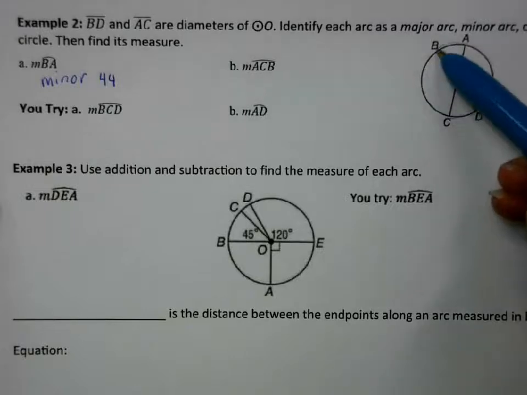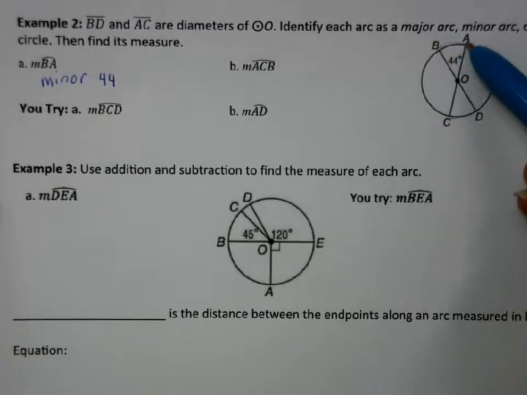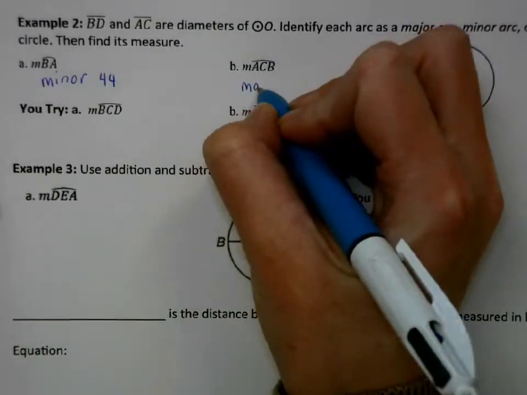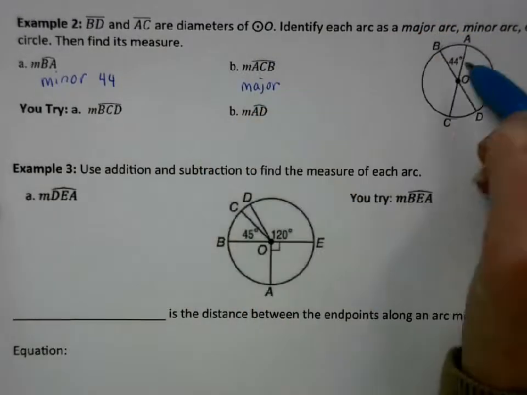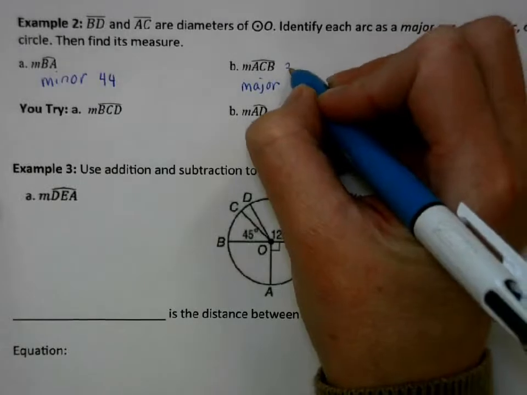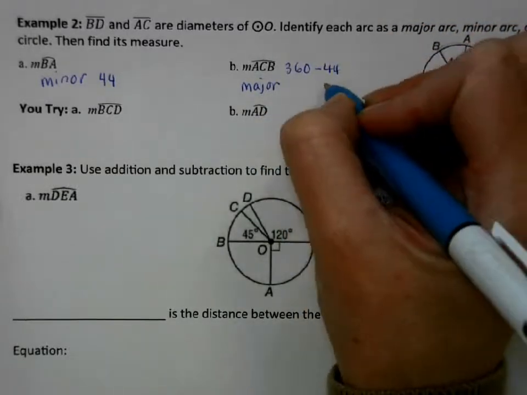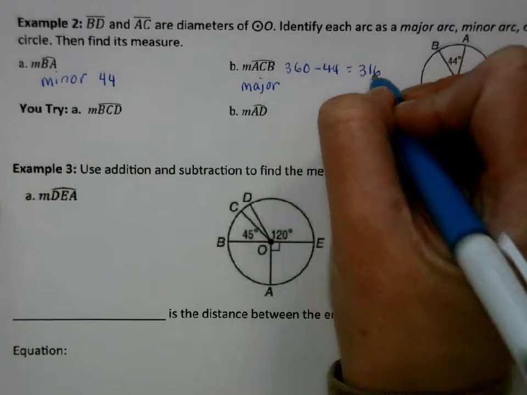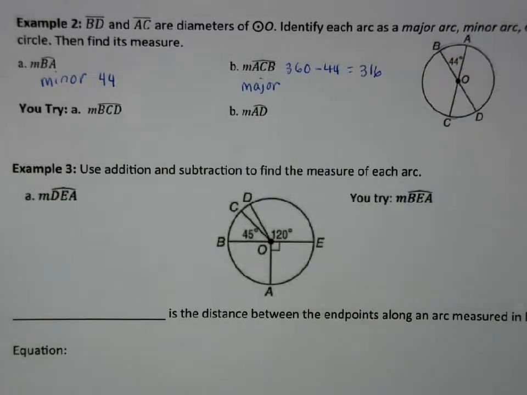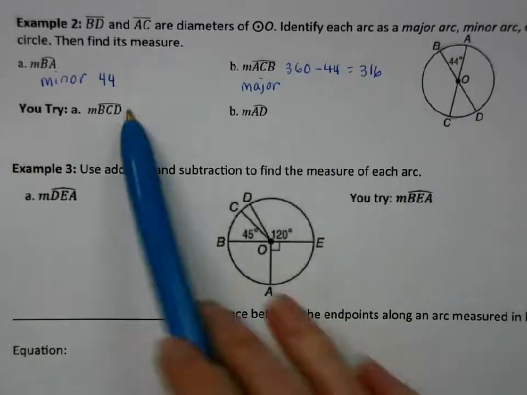ACB means we're going all the way around this circle. So that is a major arc, and its measure is going to be 360 minus 44, which is 316. So you go ahead and try these two.